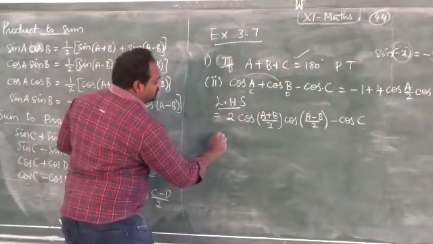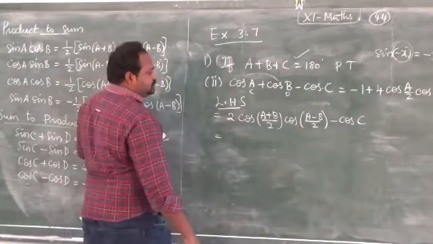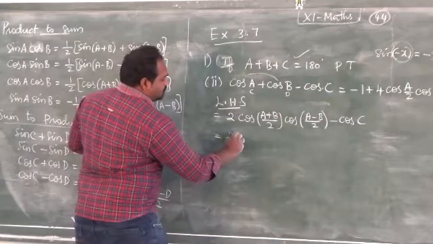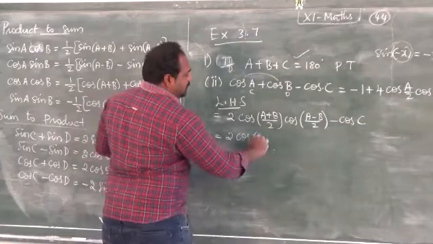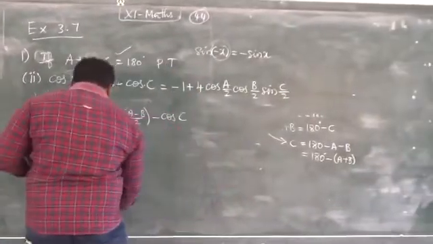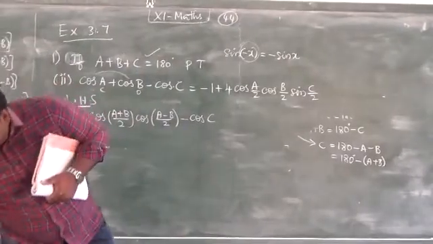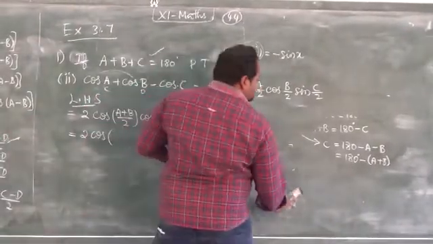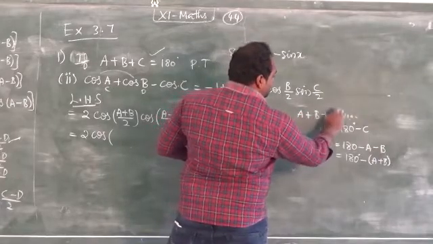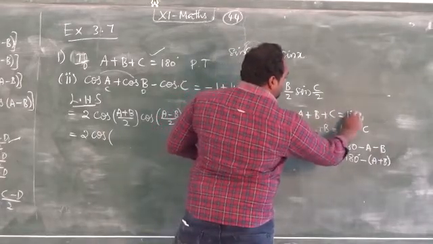Now, 2 cos A plus B. I told you A plus B can be written by the condition, A plus B plus C is 180.